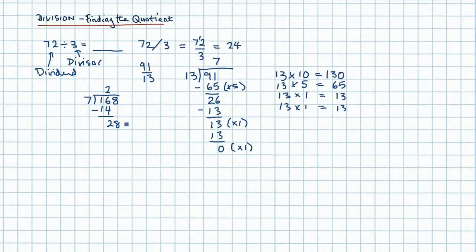All right, so 28 divided by 7 now is the next step of our problem. And actually, if we know our times tables, 28 divided by 7, we've got an answer because that's 4. So we've got an exact division here. 4 times 7 gives us 28. Write it down underneath just as before, subtract it so we can see that we've definitely got nothing left over, and we get the answer 0.